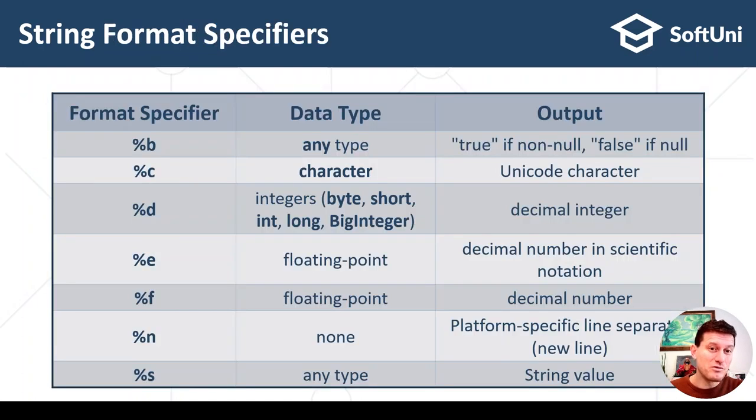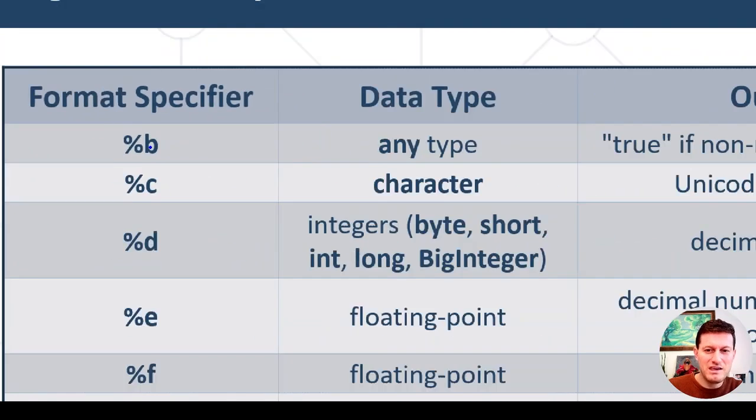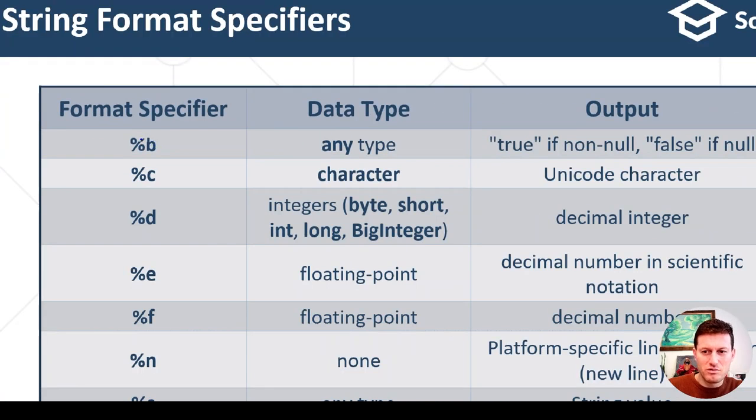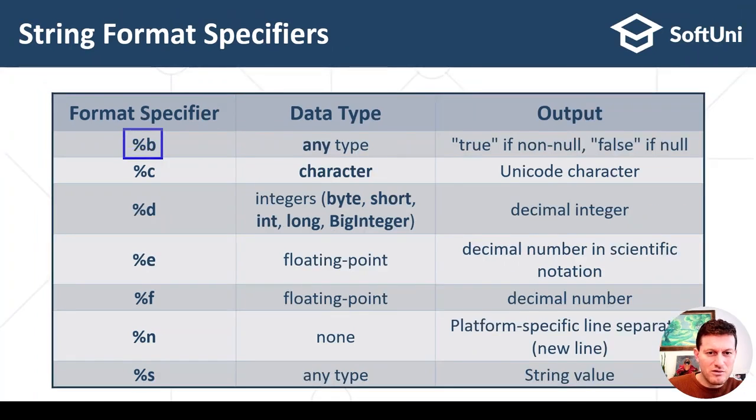We have many format specifiers, such as, for example, %b, which returns true or false, for null or non-null, depending on the value. %c for character, %d for integer types, %e for floating point numbers, and it may have additional specifiers.